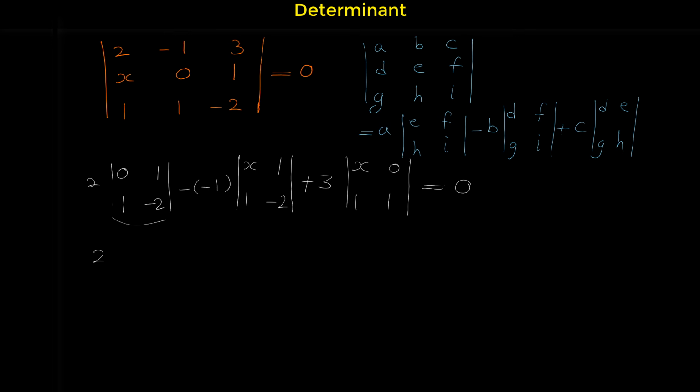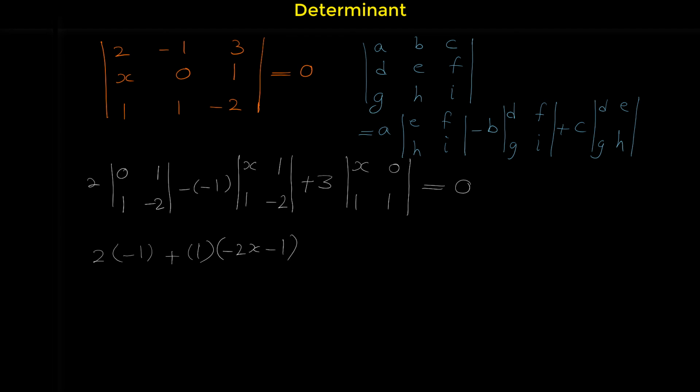Here we have a 2 by 2 determinant, which equals 0 times negative 2 is 0, minus 1. So this determinant is simply negative 1. Here we have positive 1, which is not necessary to put, but if you like, you can put 1 here. This determinant is negative 2x minus 1.